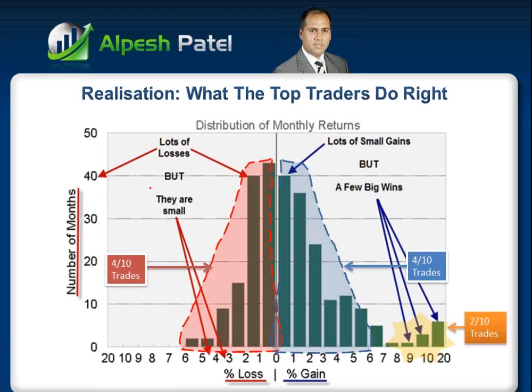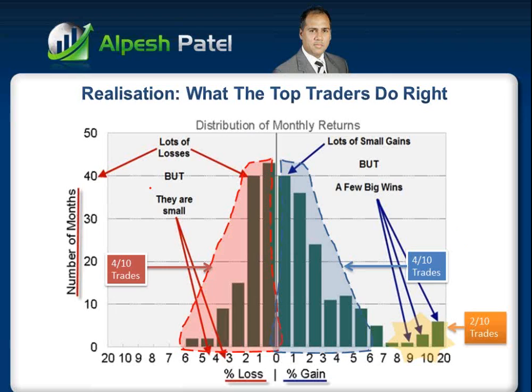Now, let me explain all of this to you. Most professional, if not all professional hedge fund managers, all professional traders, the good ones who make money, exhibit exactly this characteristic. They have lots of small losses, as you can see marked out in red. I've shaded it in red, and 4 out of 10 of their trades are probably losses. Okay?